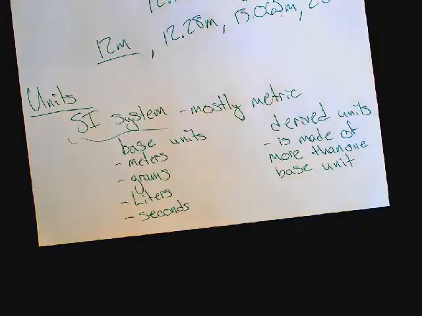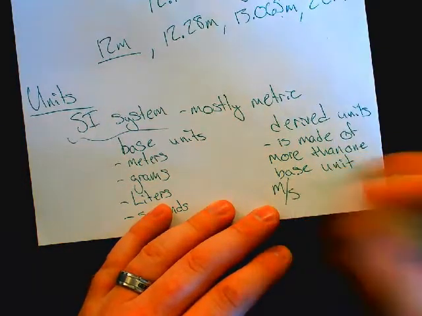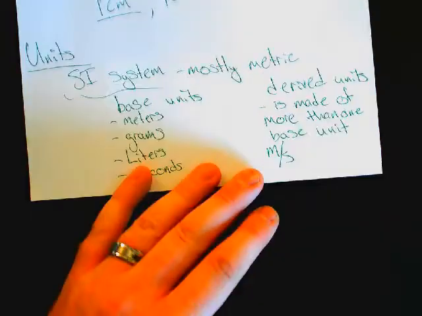Miles per hour, mph. So we're taking two base units, miles and hours, a base unit for distance, a base unit for time, and we're combining them into a derived unit. Well, we won't use miles per hour in physical science. We'll use the metric version, the SI version, meters per second, in order to show speed.